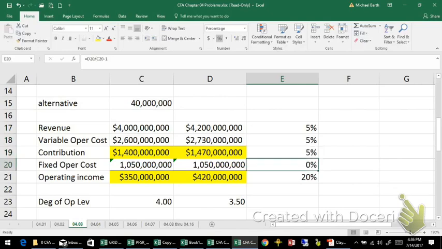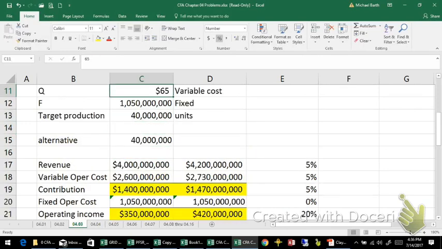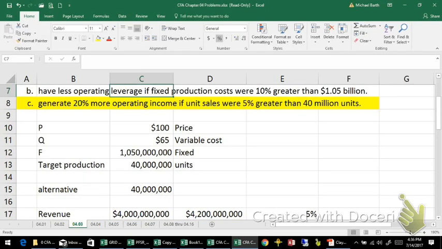Fixed would go up nothing, and the operating income would go up by 20%. So that's what that number means. Degree of operating leverage is how much the operating income would change given a change in revenue, caused by the increase in the number of units sold. And that's that.